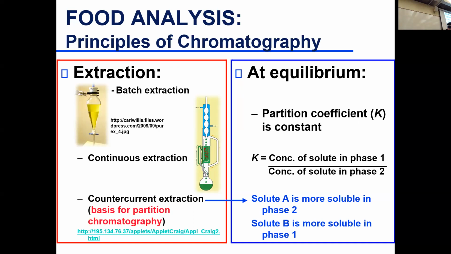Continuous extraction is similar to what we do in the lab with Soxhlet, extraction of fat. That particular setup is semi-continuous, but don't worry about it. You have your sample in the tube inside this compartment, and the solvent at the bottom.